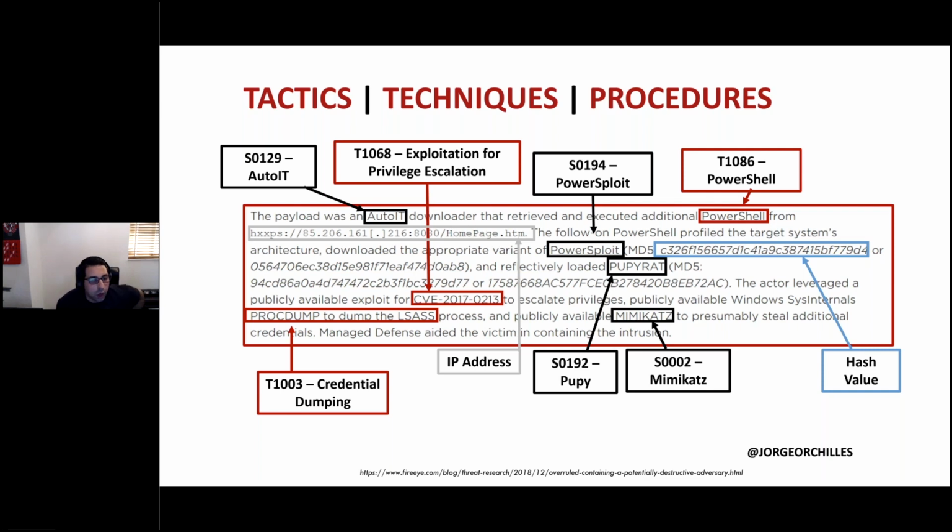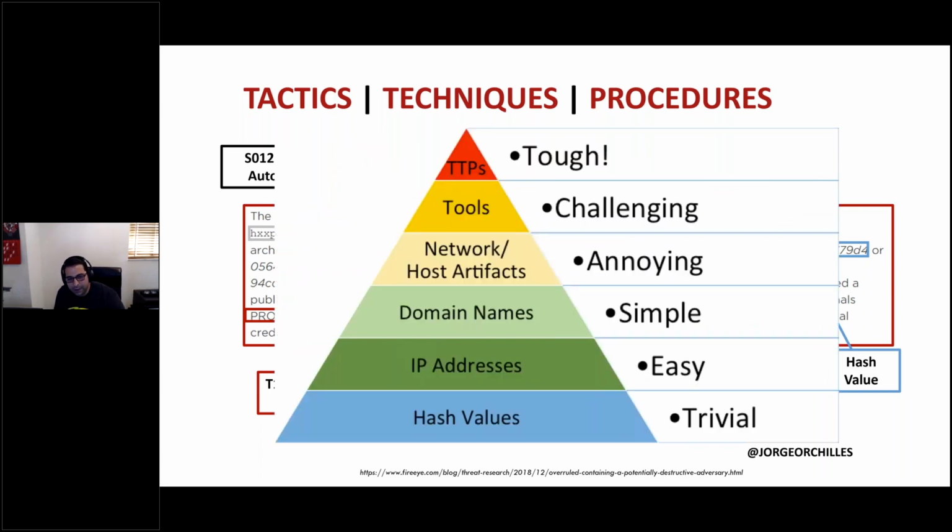Now, what matters to us, and if you're still playing this drinking game, there's a pyramid of pain. Cheers for that one. We care about the top. We care about emulating the tactics, techniques, and procedures. Why? Because most of the others you can't really emulate. Tools, maybe.